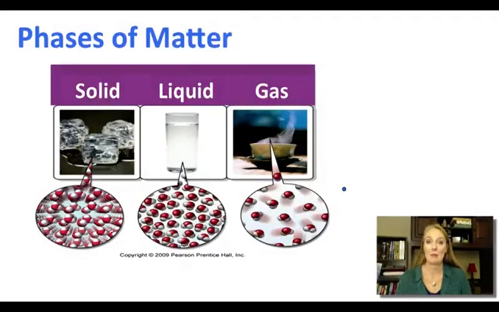Another way that matter can be classified is by phase, which is also referred to as physical state. You are very familiar with three states of the ubiquitous water molecule, for example. Ice is water in the solid state. Liquid water is the type of water that you can drink.